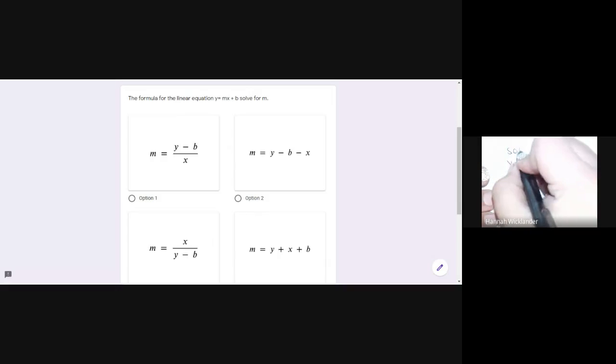Does anyone know what my first step would be? I want to get m on one side of the equation and everything else on the other. So looking at this, what do you think my first step might be? Is it going to be to divide x or subtract b? Let me know in the chat.